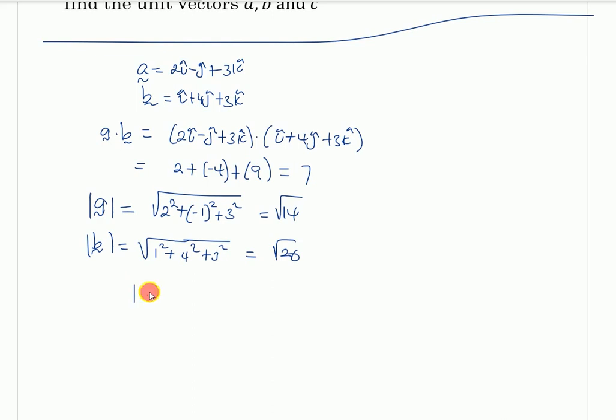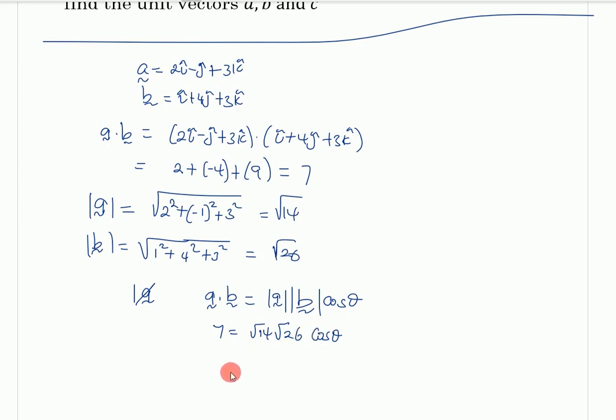And from the definition of a dot product, we have that a dot b is equal to the magnitude of a times the magnitude of b times cosine of theta, where theta is the angle between the vectors. A dot b, we got as 7. It is equal to root 14 times root 26 times cosine of theta.